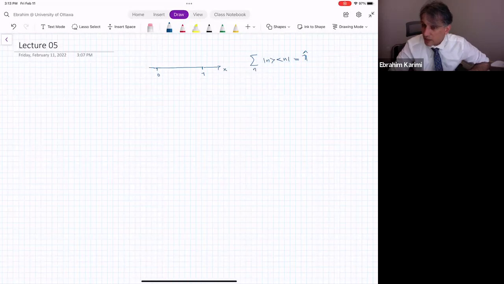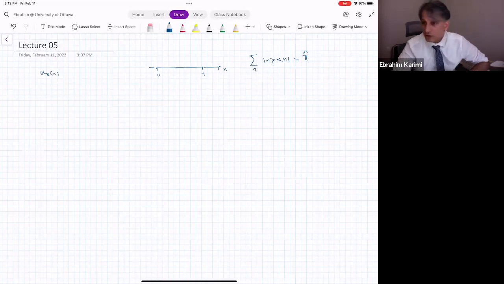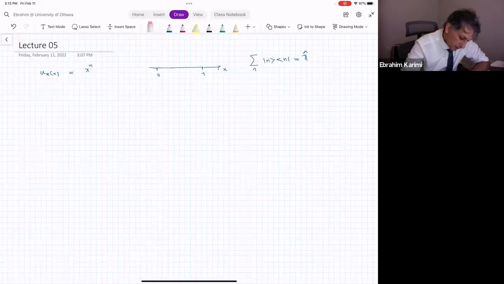So there are many different ways that you can look at it. And the easy way that we consider is to take those modes u_n(x) to be powers of x, x to the power of n. Or if I want to be careful, c_n x^n, with n starting from 0.